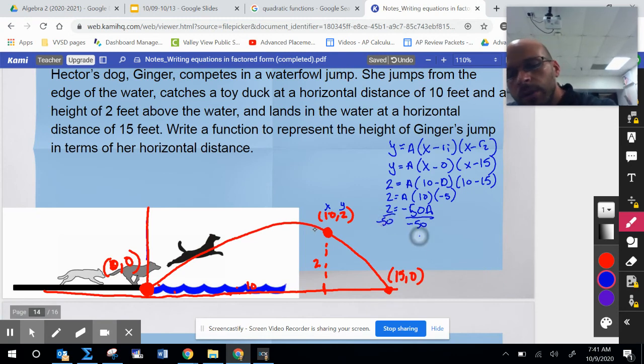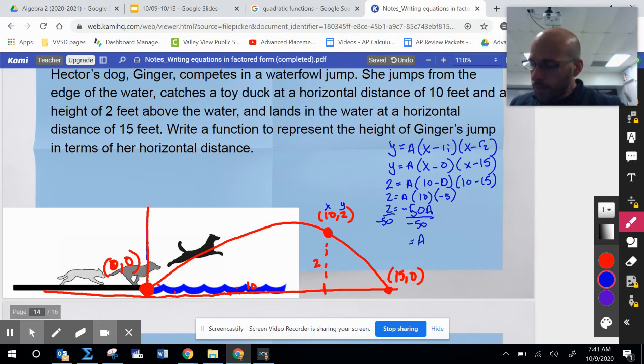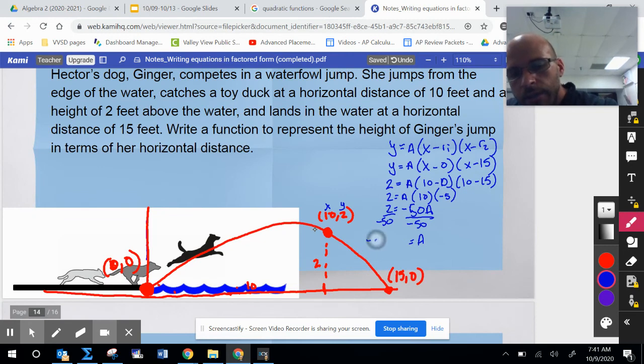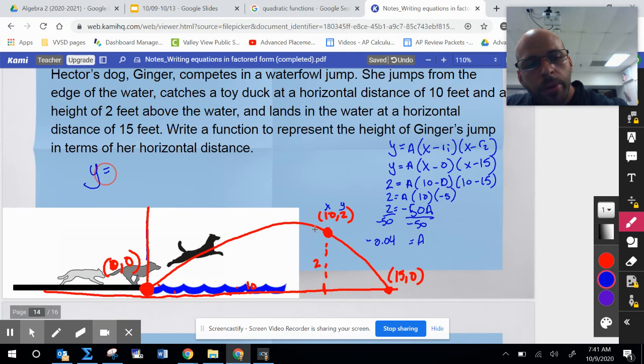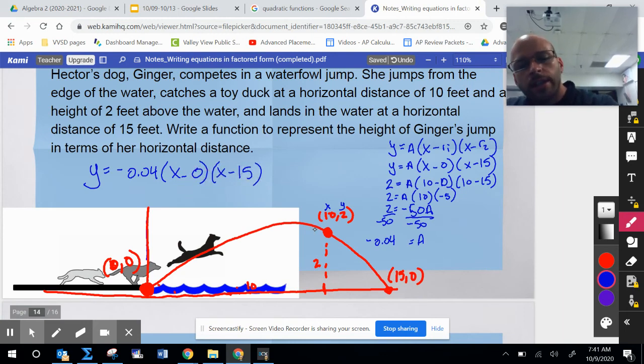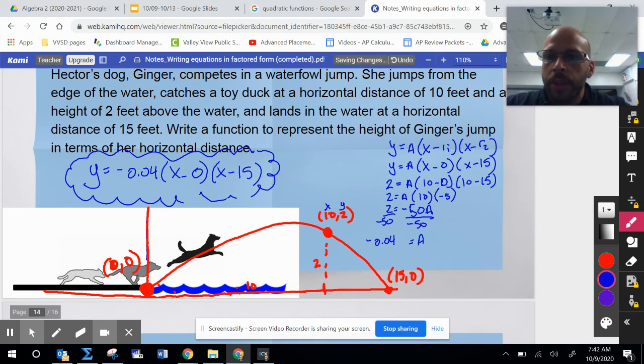I'm going to get a decimal: 2 divided by negative 50 is a negative 0.04. So my equation is my a value, negative 0.04, times x minus my first x-intercept, which was 0, times x minus my second x-intercept, which was 15. And ladies and gentlemen, there is the equation for my quadratic for that dog jumping.